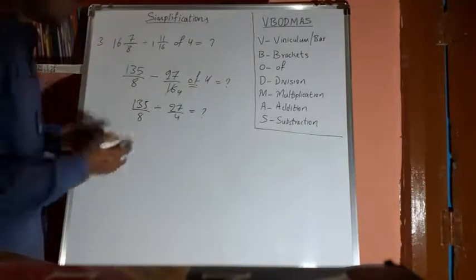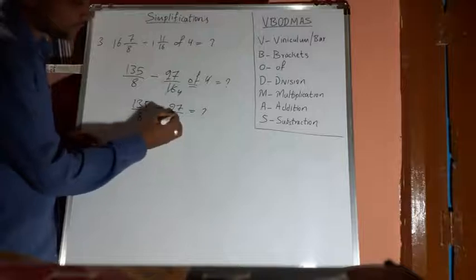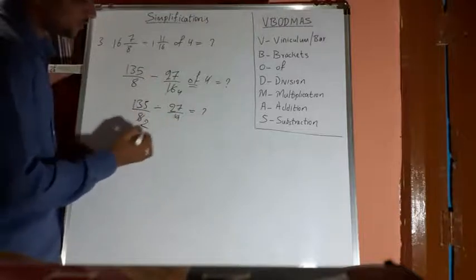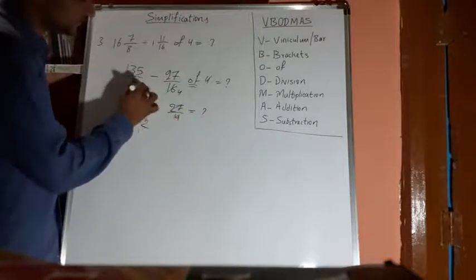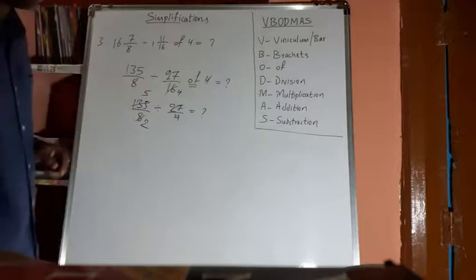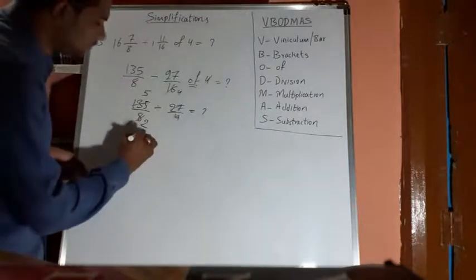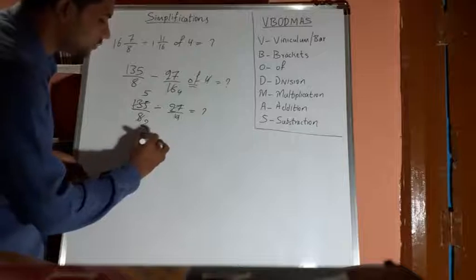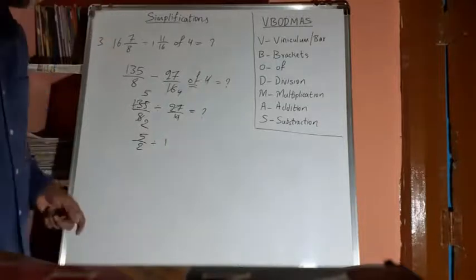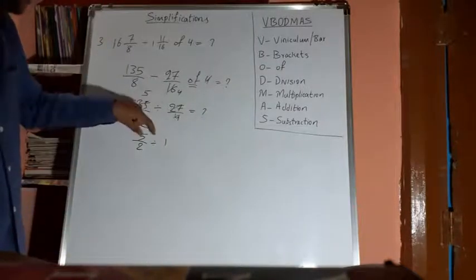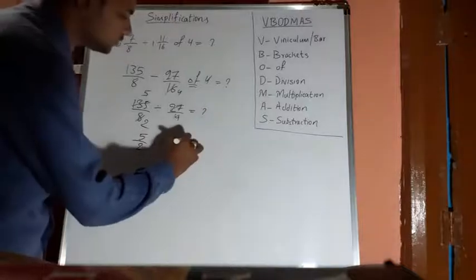Directly you can do the cancellation here itself: 4 ones are 4, 4 twos are 8, 27 ones are 27, 27 fives are 135. So directly we can write 5 by 2 divided by 1. After simplification it is in this form, is equal to question mark.